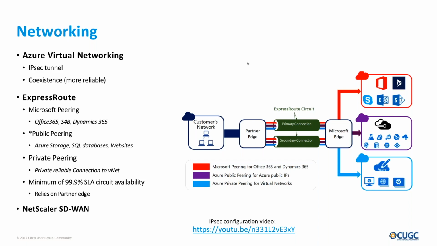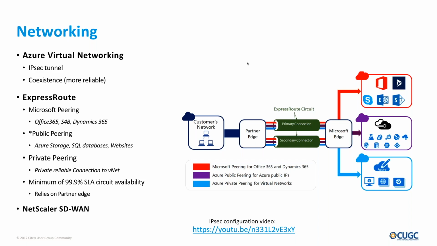It relies on the IPsec protocol, so it's very easy to implement. You need a virtual network gateway in Microsoft Azure, a local network gateway, an actual connection, and a virtual network, a VNet in Azure. You combine them in the connection, and afterwards you can connect with phase 1 and phase 2 to the IPsec VPN tunnel. That's the easiest way, but not the most reliable way to activate.